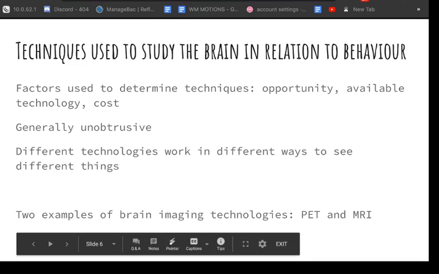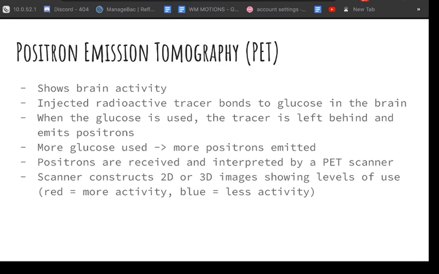Okay, so first of all, we have the PET, or the positron emission tomography. This machine shows how the brain activity works.